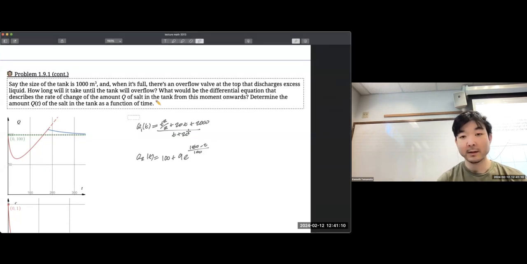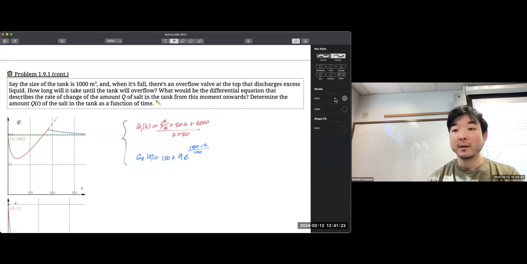I'll just say that this right here is the red graph. This right here is the blue graph. And we're just saying that this is going to be a piecewise function now, where this red graph is for 0 to 180. This blue graph is for greater than 180. Okay, so those are the solutions we had before.